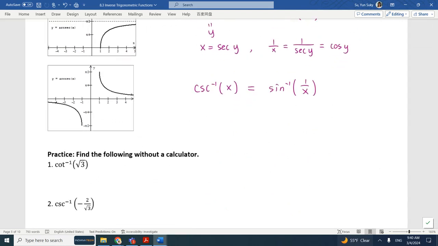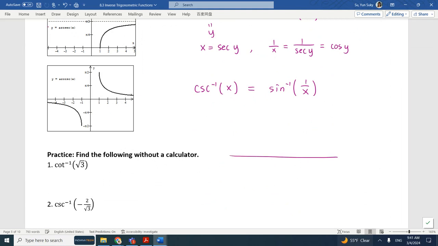If you have arc cotangent, then you still need to draw the graph of cotangent. What's the graph of cotangent? You kind of flip the tangent over. So this is y equals cotangent x. Here is pi over 2, and the middle is pi over 4.